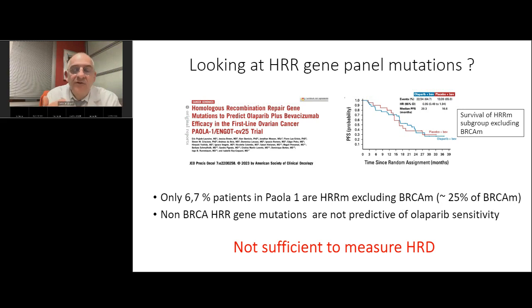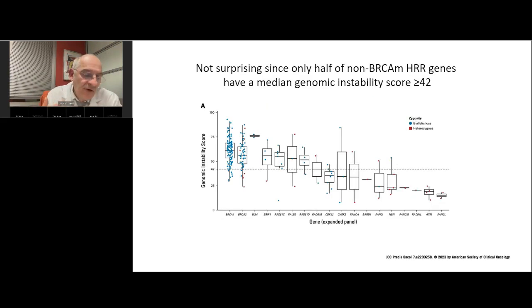This is not very surprising because when you look at mutation on these genes, only a few have a high genomic instability score, particularly BRCA, of course, but RAD51C, PALB2. Just remember these actors because those ones are predictive of PARP sensitivity, but as you can see here, the others are not.